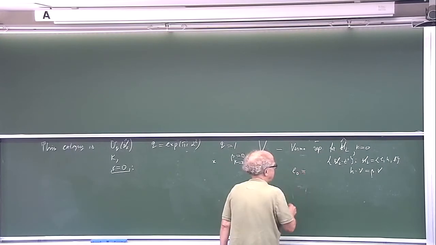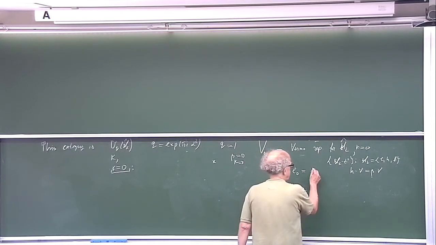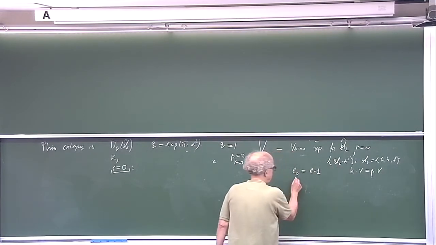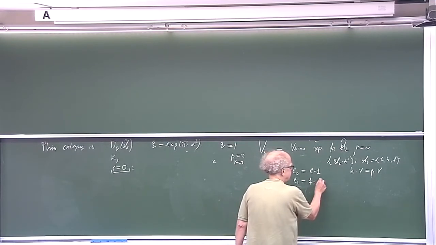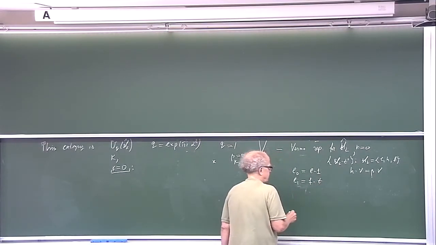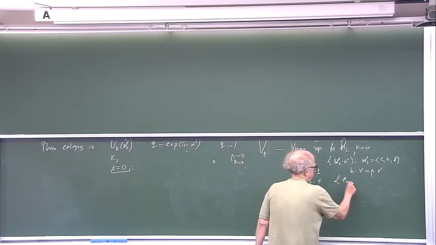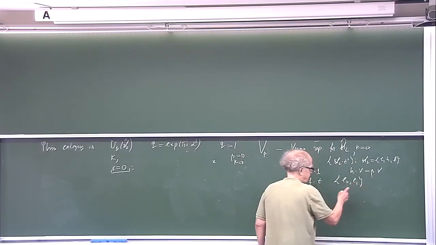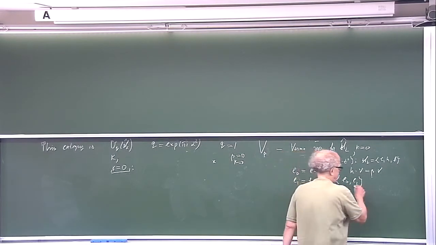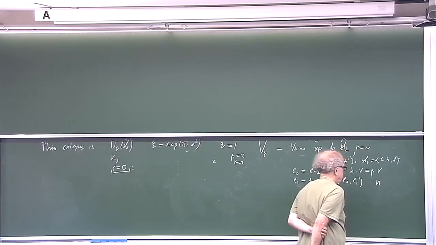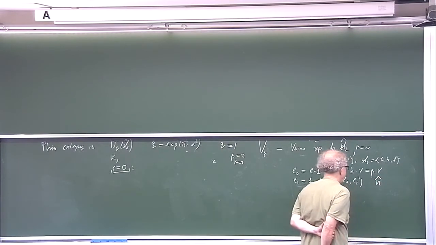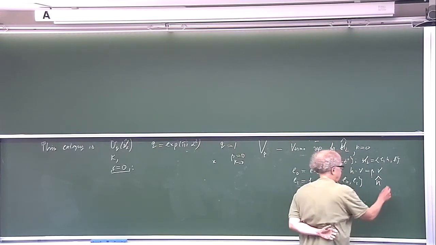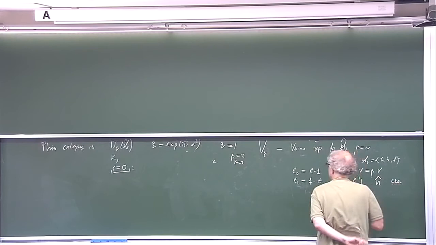E0 will be E times 1, it is from sl2, and E1 will be F times t. E0 and E1 are two generators which give us the nilpotent subalgebra for sl2 hat, and let them be creation operators.